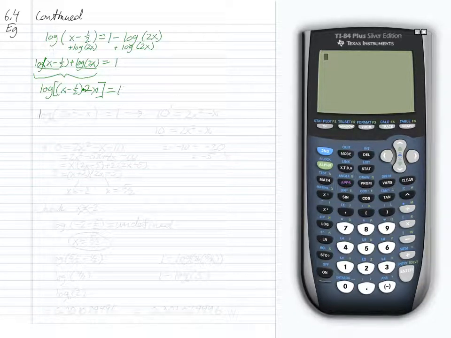So, I can simplify this to say that log of 2x squared minus 1/2 times 2x would give me x equals 1.